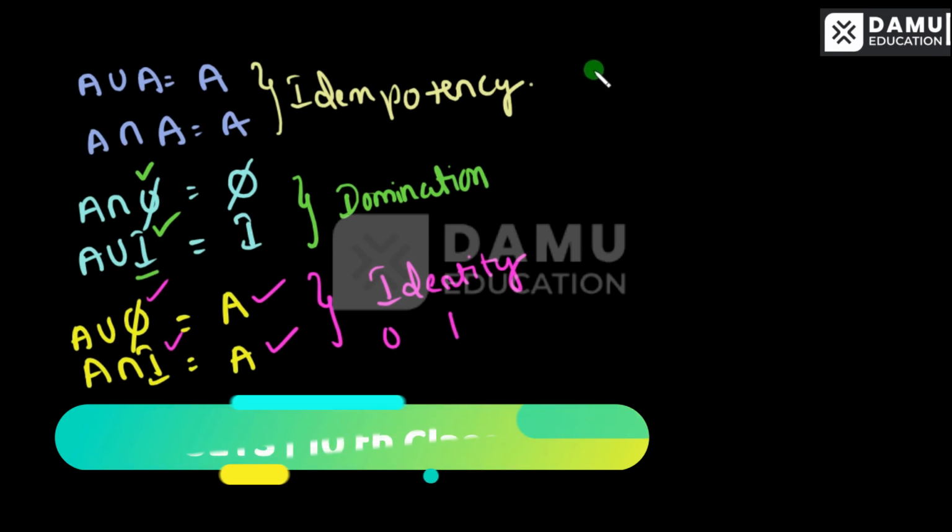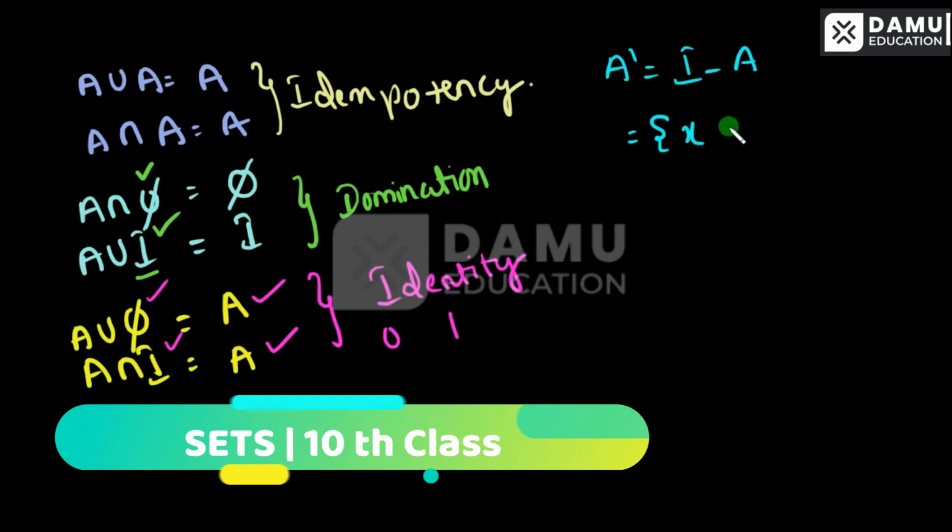Next one, A complement, that is I minus A. For this, what you can write is set builder form: x belongs to I such that x does not belong to A. Here x means element. That is the case here. Complement of intersection and union we are going to check now.